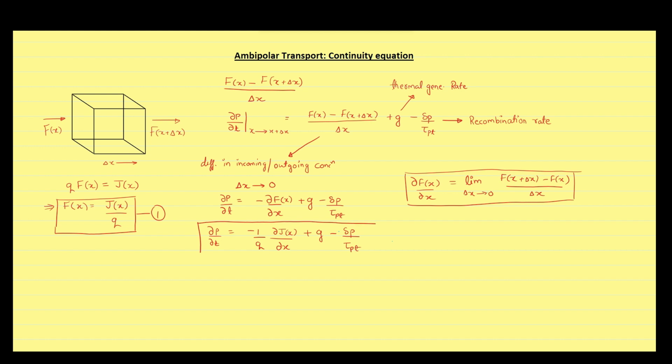This is the final equation which you have to learn by all means. And remember that q is the charge on the particle, so it will be plus q for a hole and minus q for a free electron.